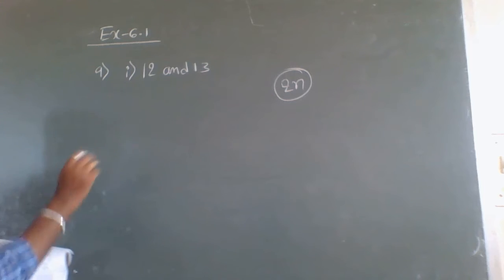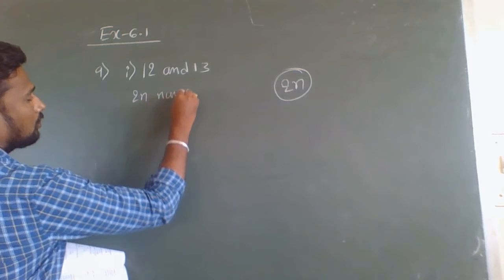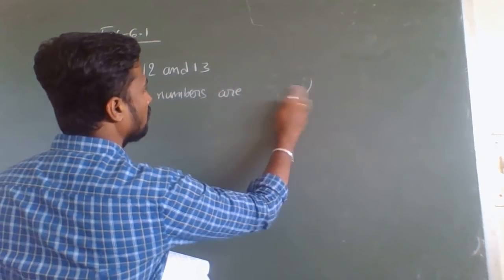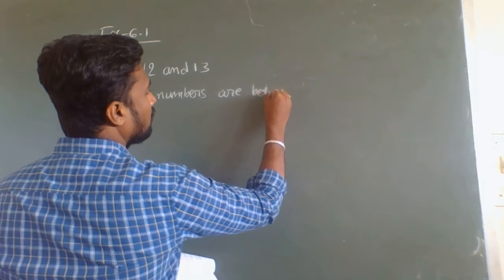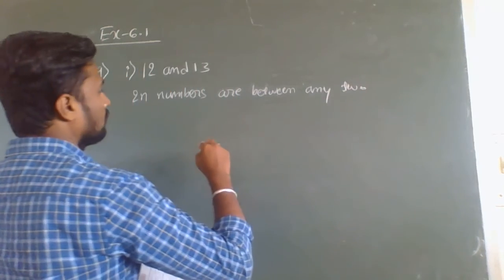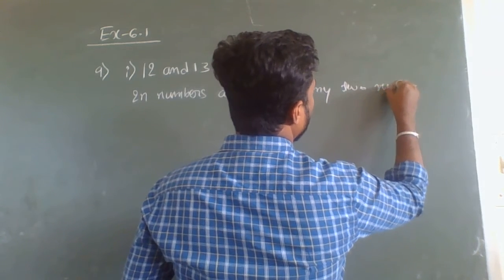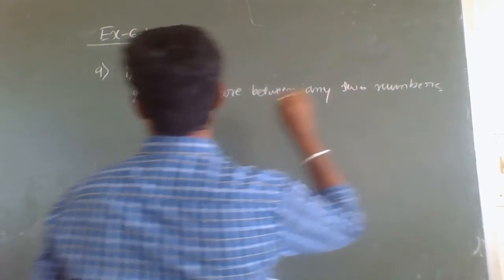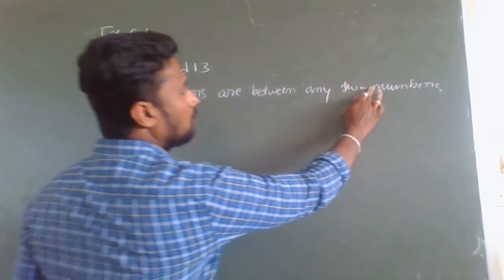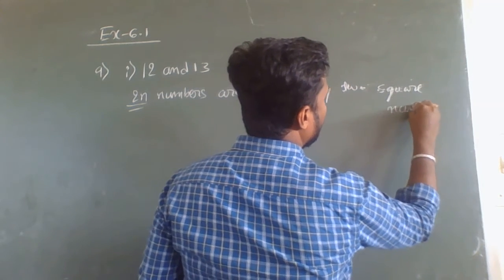Okay, so now below this we should write: 2n numbers are between any two square numbers.